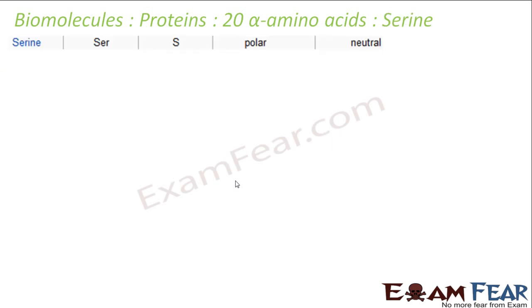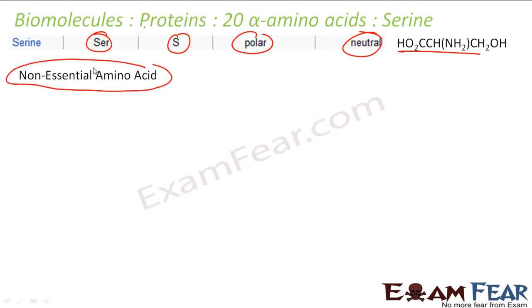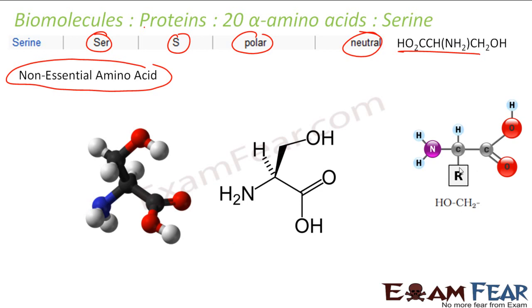The next is serine. SER is the three letter to denote this. S is the single letter. It is polar and it is neutral. This is the molecular formula of serine. This is again a non-essential amino acid. The body can produce it. This is the structure of serine. If you compare with the general structure, you see that R is nothing but CH2OH.